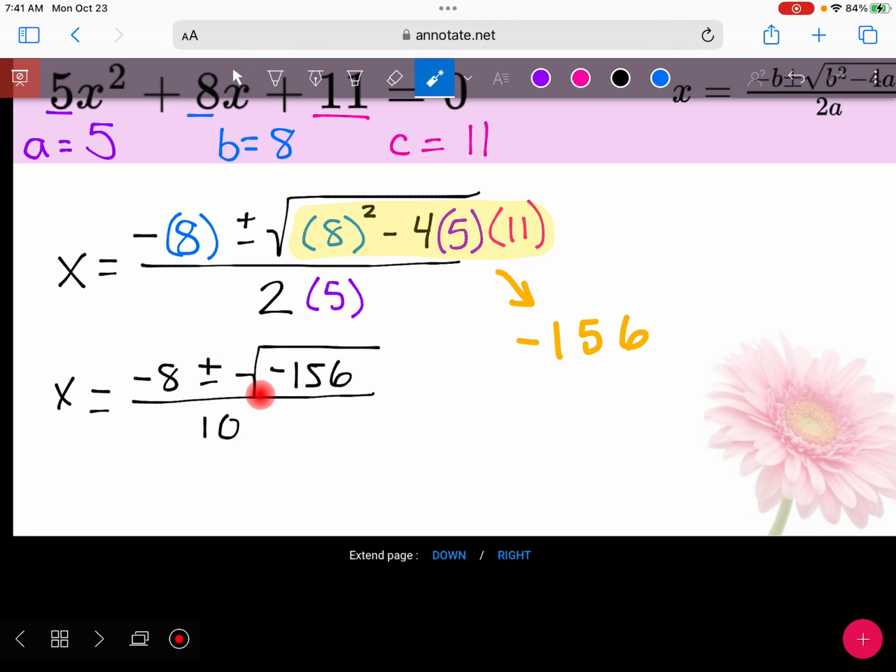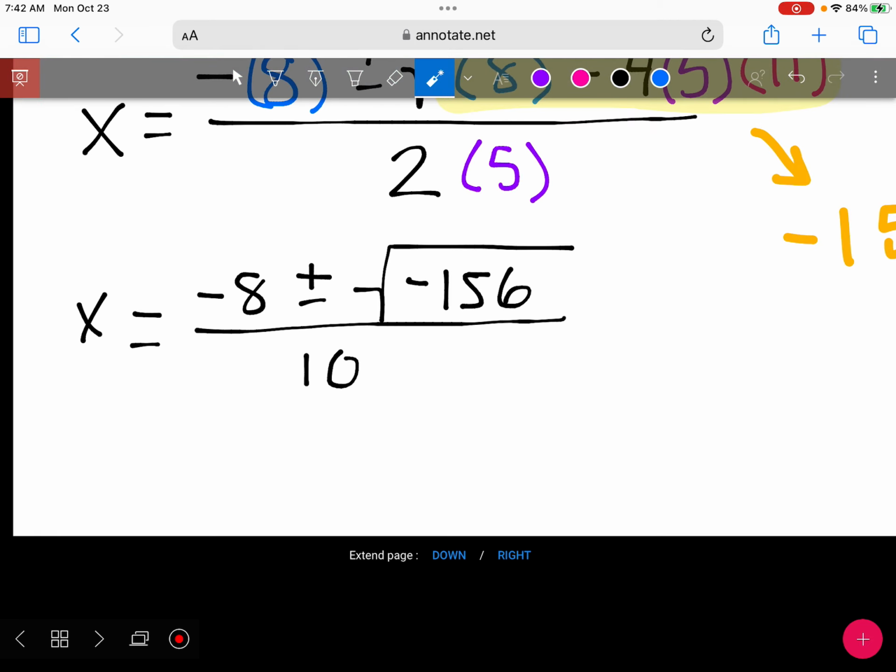Can I get the square root of negative 156? Can I type that in the calculator? What? Why? What's that mean? What's this minus sign going to do to it? It's i. Yeah, we're going to have imaginary roots here.